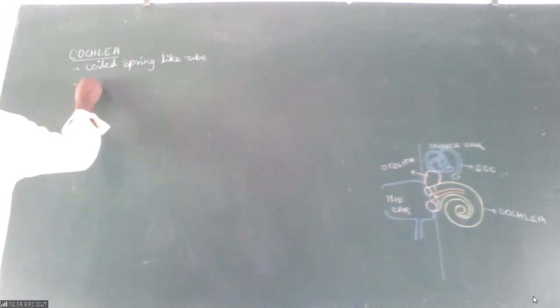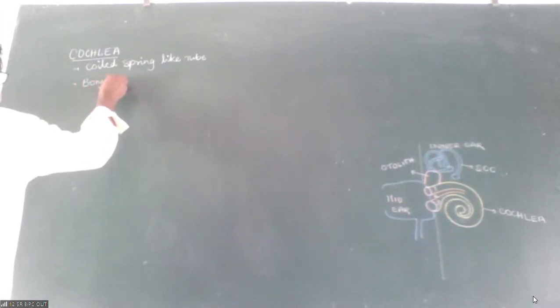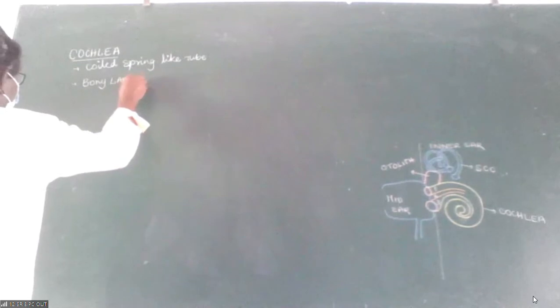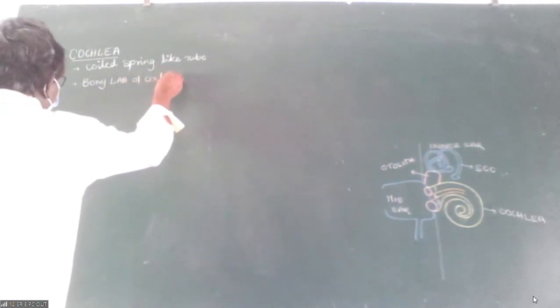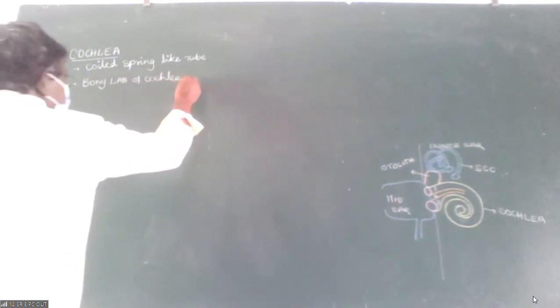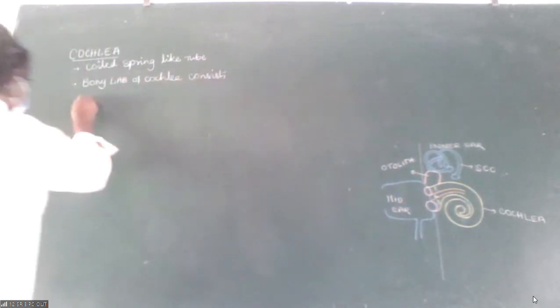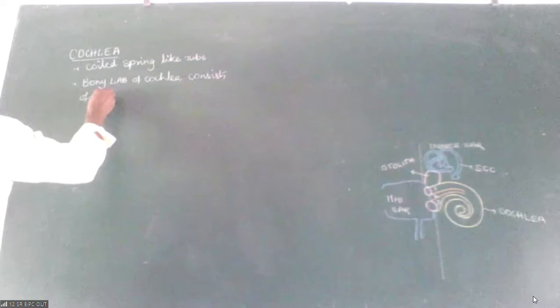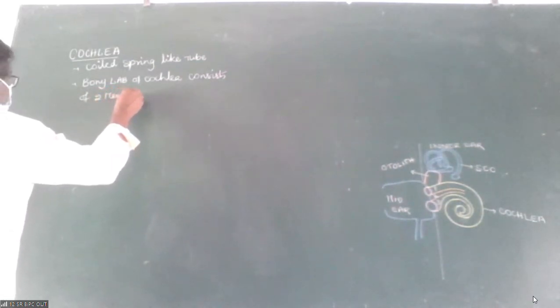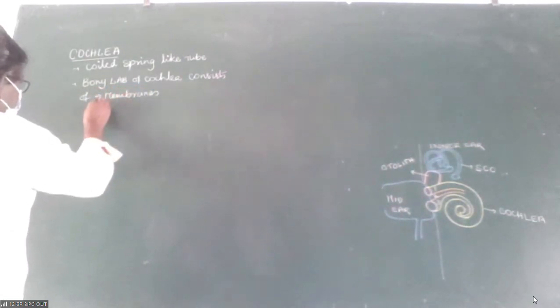So therefore, the bony labyrinth of the cochlea consists of two membranes. And what are these two membranes?